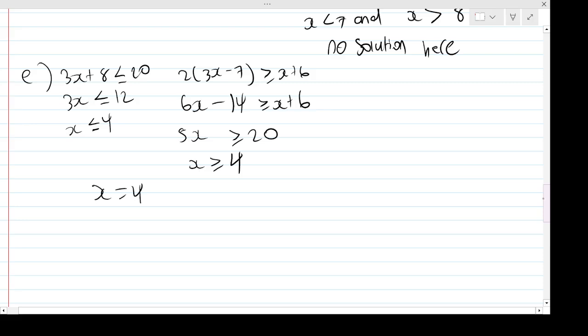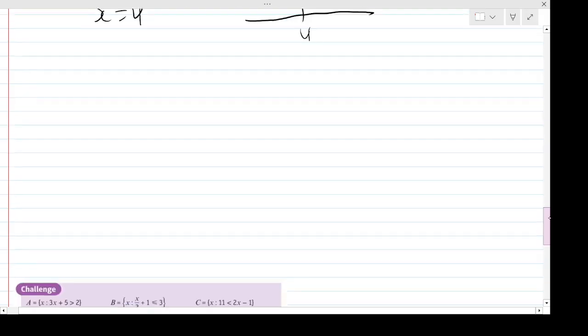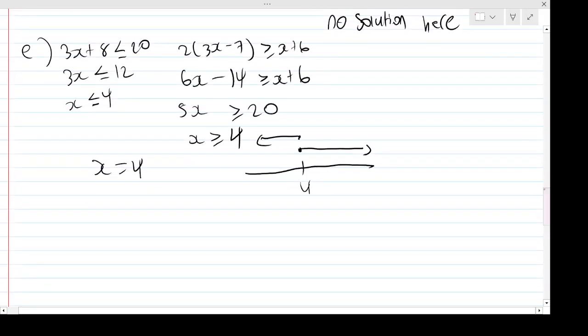Think about what the number line would be if you're struggling. It has to be equal to 4 or more, but also equal to 4 or less. The only overlap is actually a single point, 4, which then means that the only solution is x equal to 4.